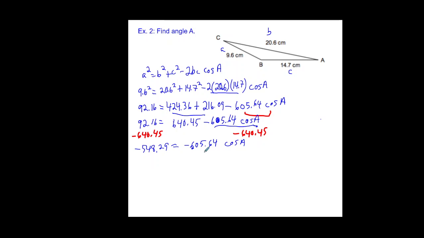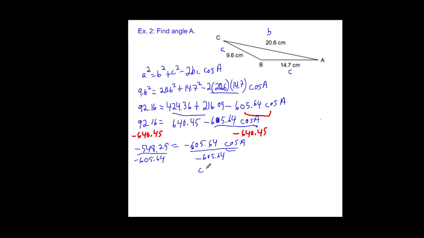Next up, we're going to get cos A all by itself. So we're going to undo this multiplication by negative 605.64. We do that with the inverse operation, which is division, and do the same thing on both sides.